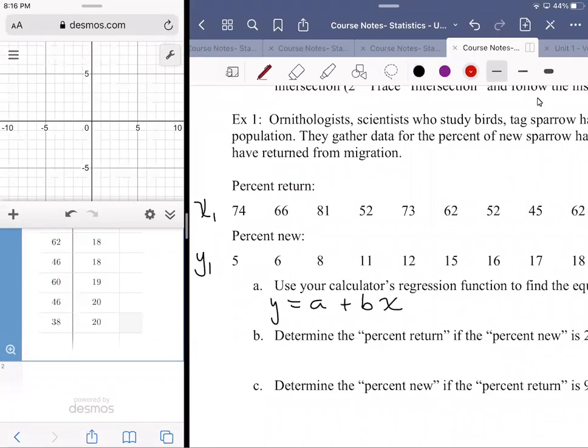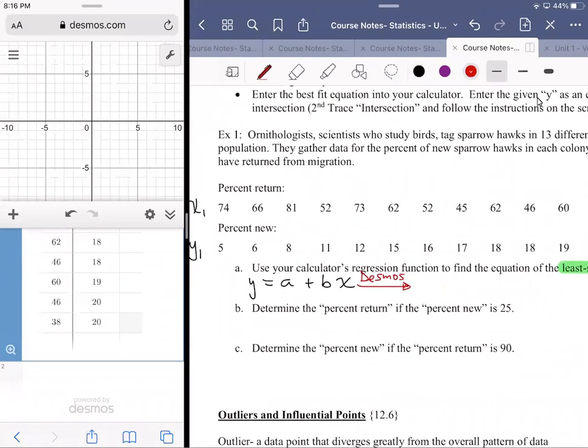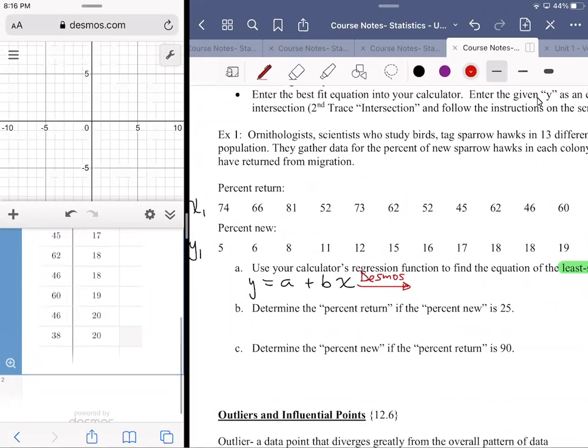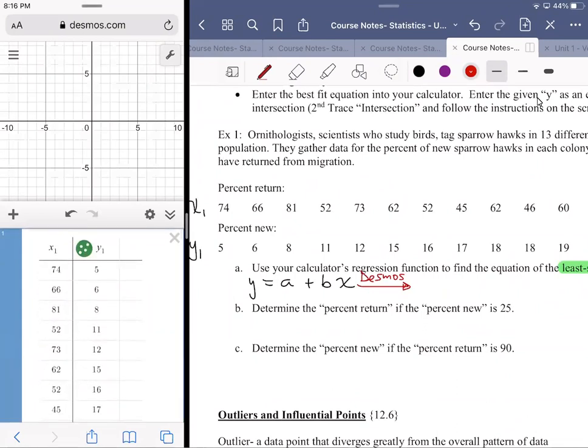Desmos understands it slightly differently. In Desmos, first off, the tables have the subscripts of 1 automatically built in, so we have to make use of that. So we have to say y1. Instead of equals, we're going to use a tilde symbol, then a plus b x1.